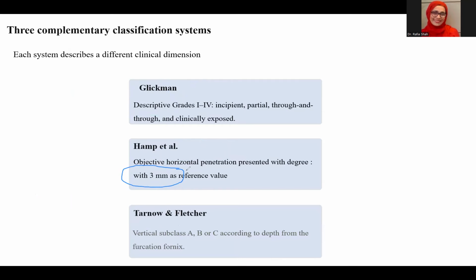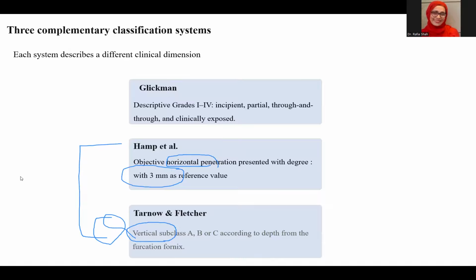It also talks about furcation invasion in numbers, so again it is quantitative, but the difference between these two is that Hamp is talking about horizontal loss, and Tarnow and Fletcher are talking about vertical loss. So we said that there are 3 classifications: Glickman, Hamp, and Tarnow. The Hamp and Tarnow classifications are quantitative and objective, whereas Glickman's is descriptive.